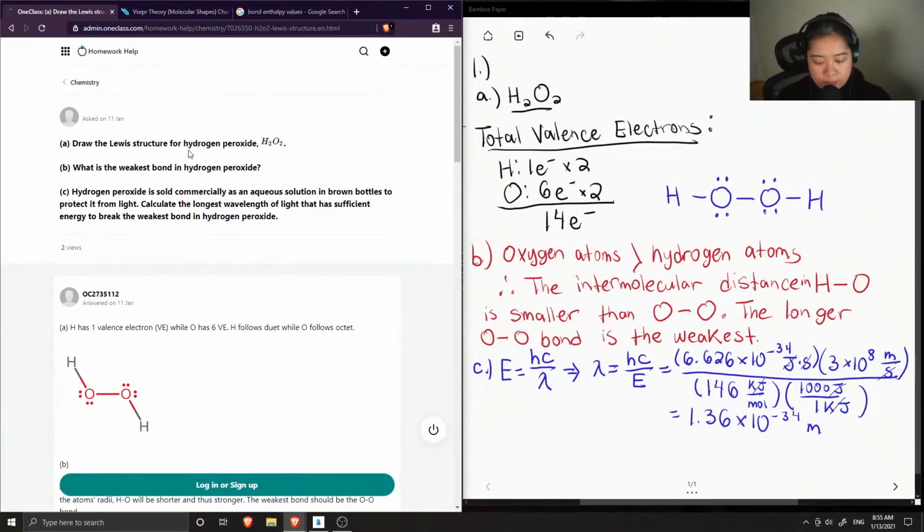So I'm going to multiply by Avogadro's number to get the units that I need. So Avogadro's number is 6.023 times 10 to the 23.